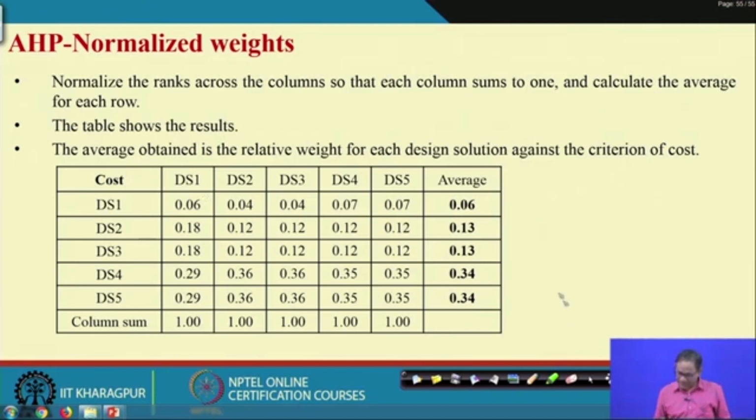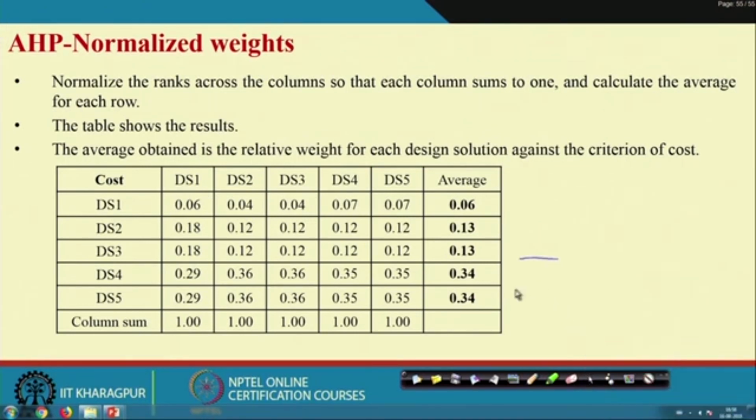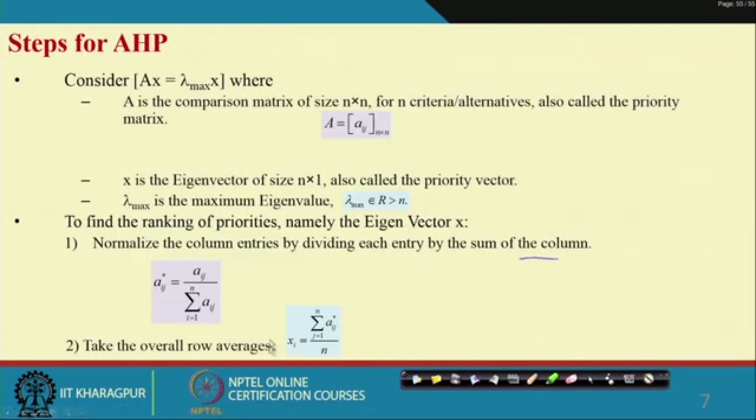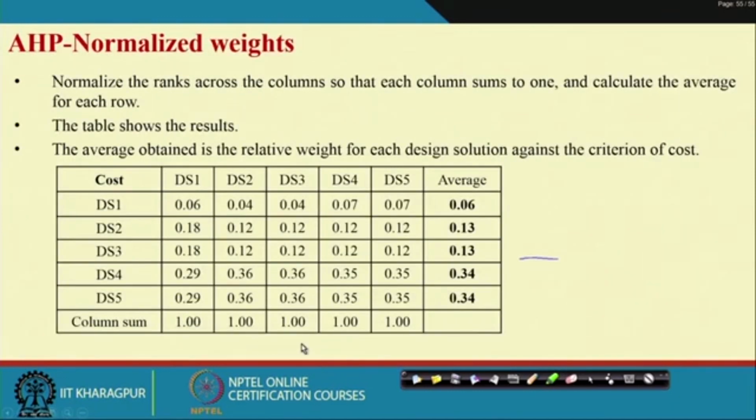Each of the column entries will be divided by the column sum. Then what you do? Then you find out the overall row average. This row average, how many rows will be there? It depends on how many alternatives are there. Okay, row average. So take the average. So this plus this plus this plus this plus this by 5.